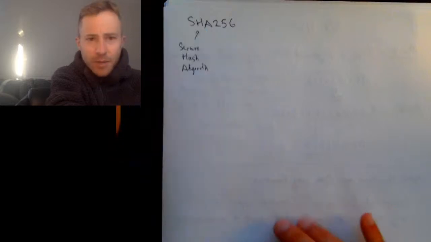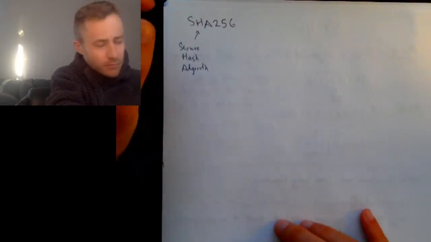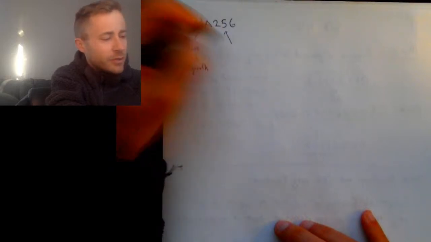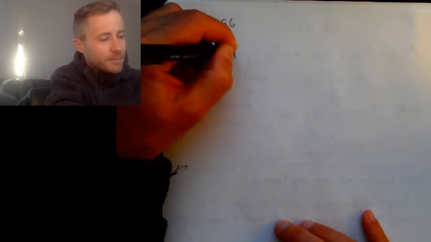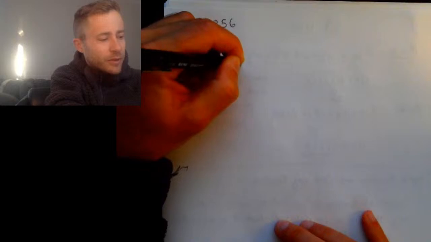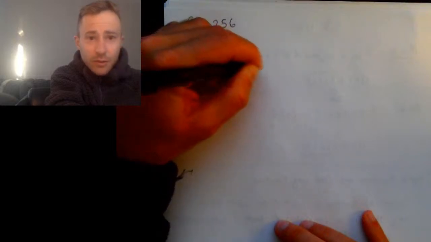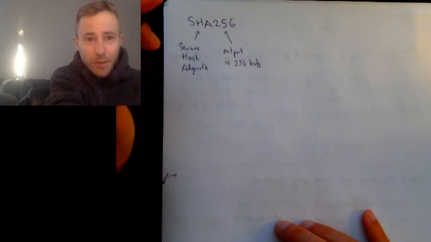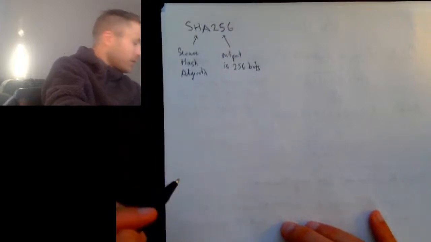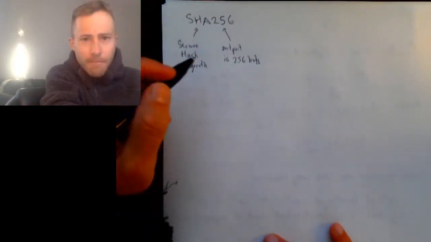And I believe it was developed by the government. And then 256 means the output is 256 bits. So it's like a really big number, okay? 256 bits.